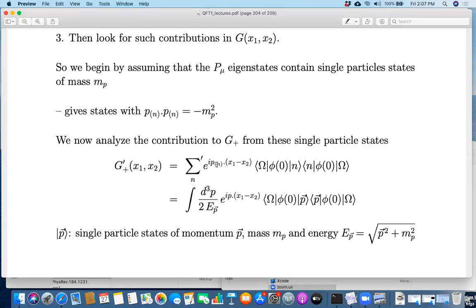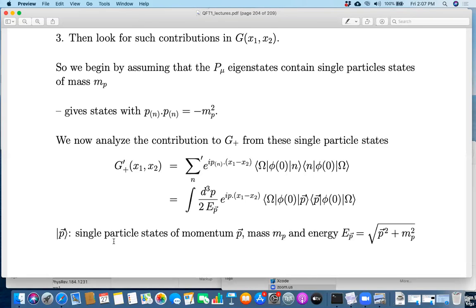Here, instead of P_n, I have written p, with the understanding that only the spatial part of p is an independent variable. P⁰ is given by this E_p. And now here you have ⟨Ω|φ(0)|p⟩ and ⟨p|φ(0)|Ω⟩, as we had earlier.